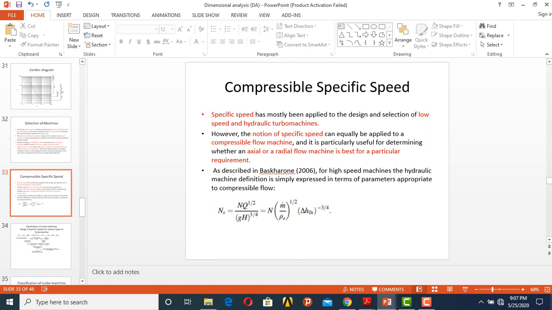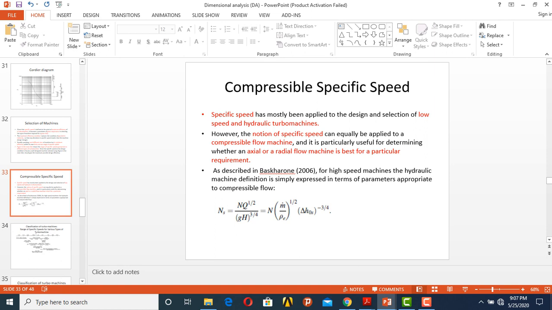According to this author in 2006, for high-speed machines, the hydraulic machine definition is simply expressed in terms of parameters appropriate to compressible flow. So for specific speed, we compare the ratio of the flow coefficient to the head coefficient.